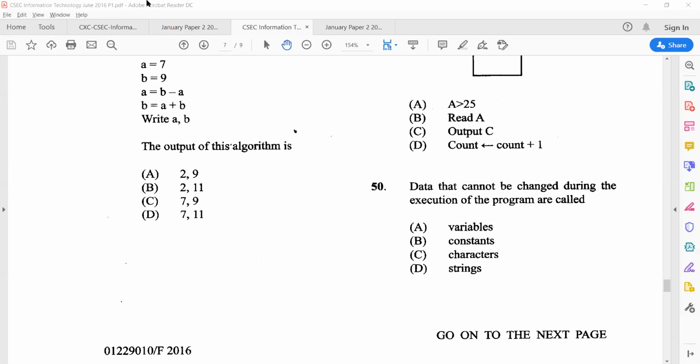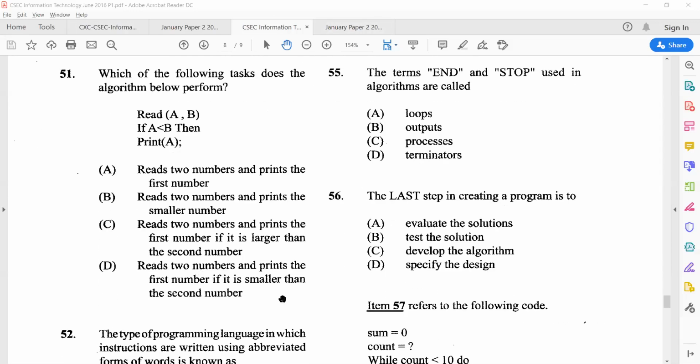So the answer is B, constant. All right, let's move on to 51.